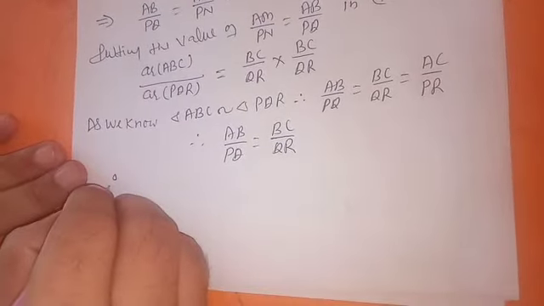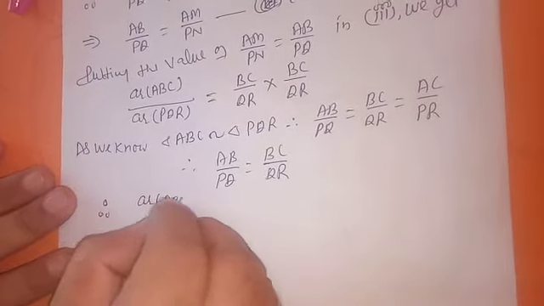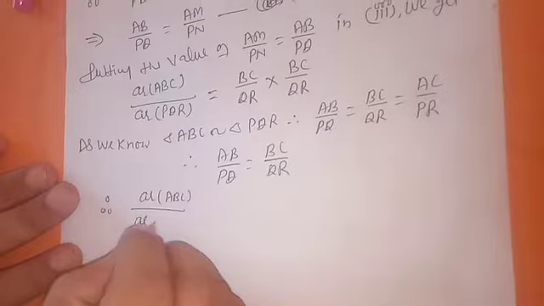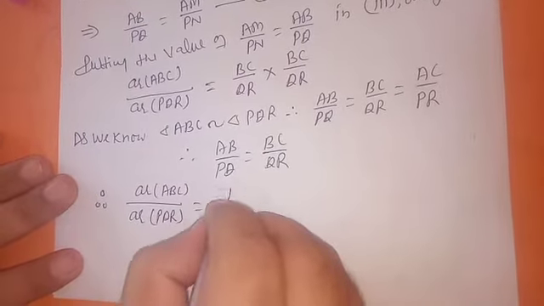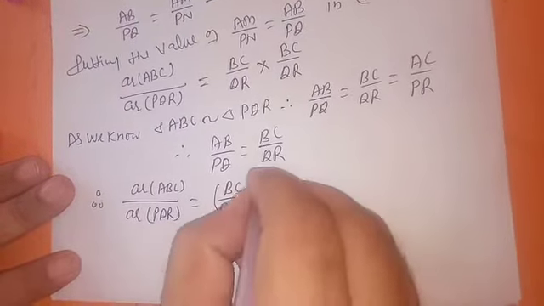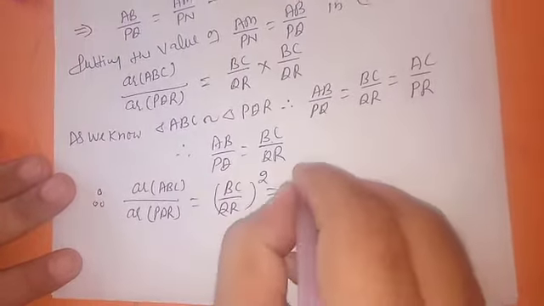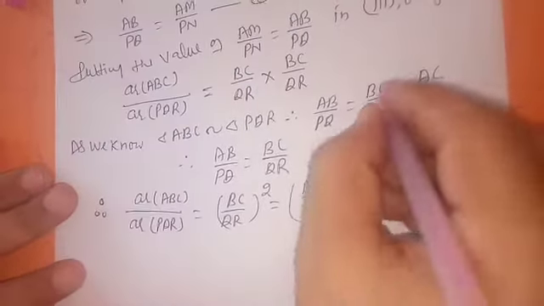Therefore, area of triangle ABC by area of triangle PQR is equal to what? BC by QR whole square. But this is equal to what? AB by PQ whole square, and this is equal to what?